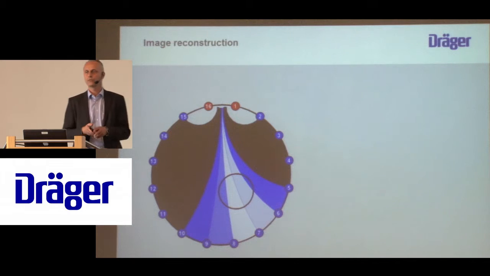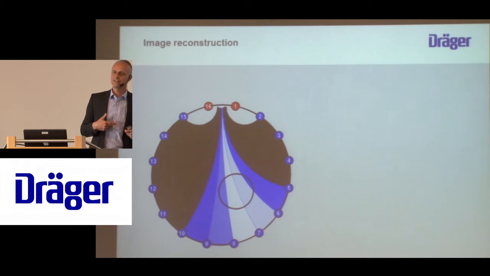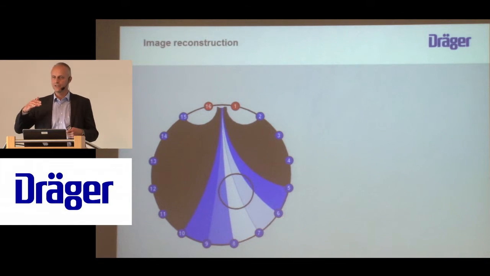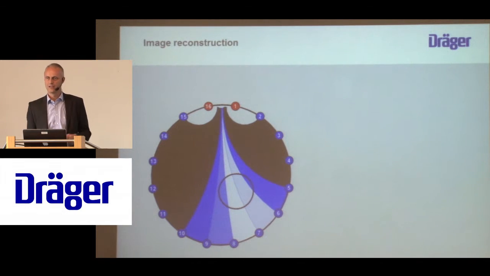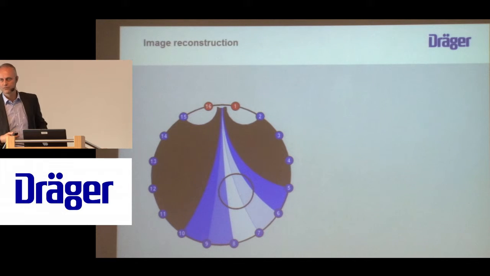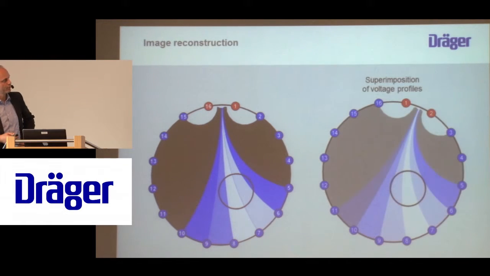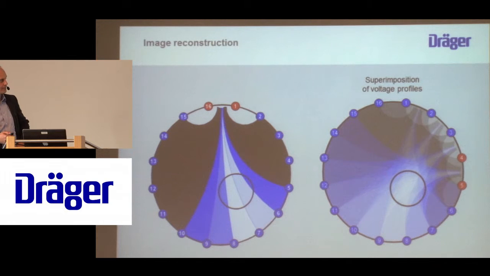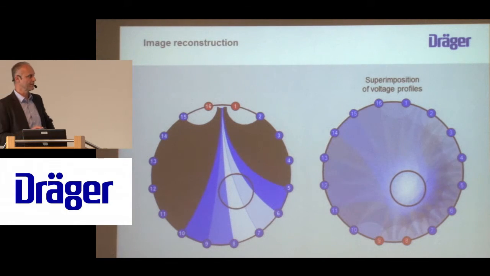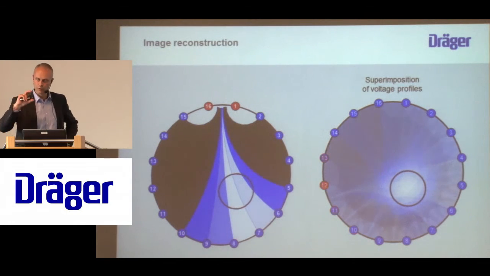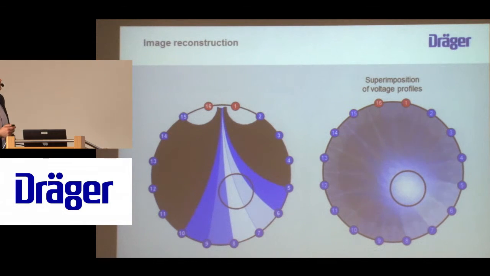It's somehow comparable, for example, to a 10-lead ECG. Not in every ECG trace you can see an elevation of the ST segment or the myocardial infarction, and that's the reason why you also have more than 2 ECG electrodes. Now, if you superimpose these voltage profiles above each other, then you can see how stepwise the local information about the impedance change is reassembled and reconstructed.